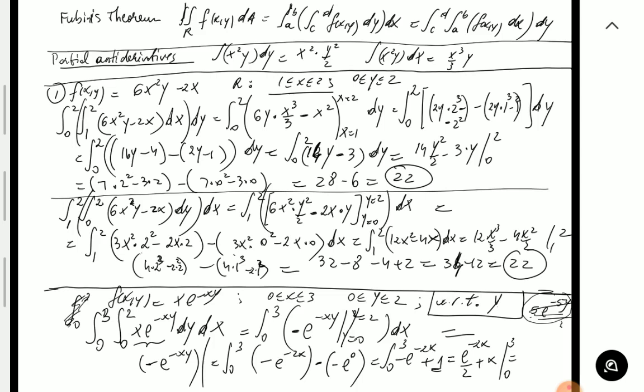So when everything is said and done, I get e to the minus 6 over 2 plus 3 minus 1 over 2 plus 0, minus 1/2. So e to the minus 6 over 2 plus 5 over 2. Okay, so like I said, one last remark and one quick example related to it on my last page for today's lesson.